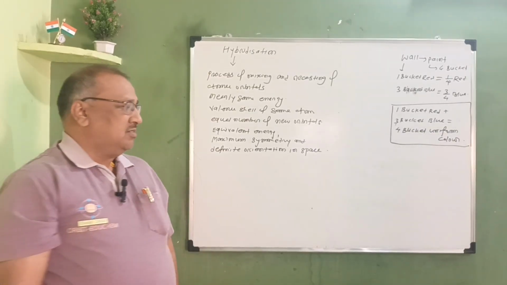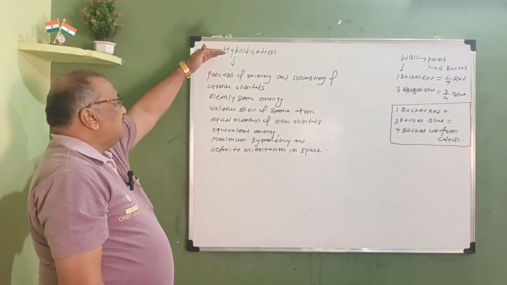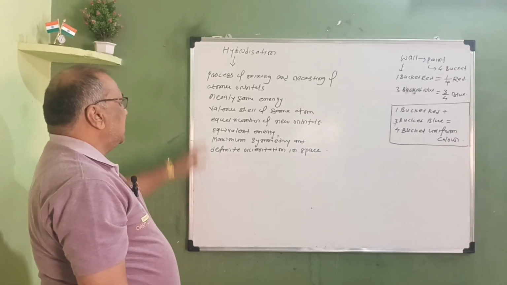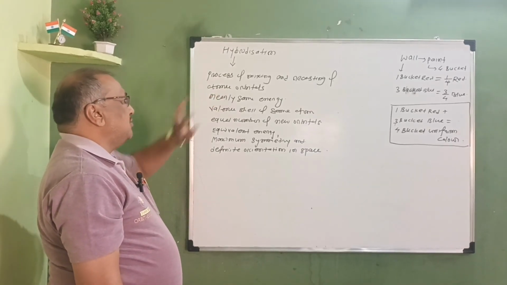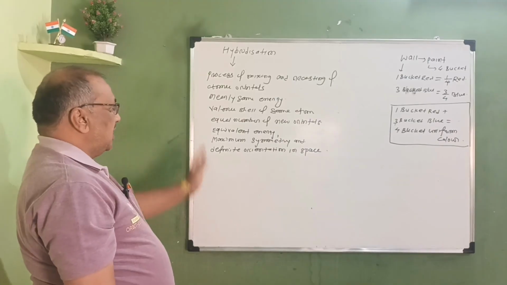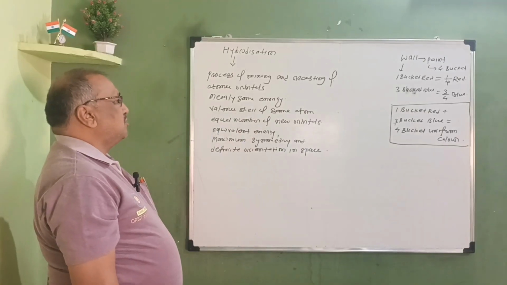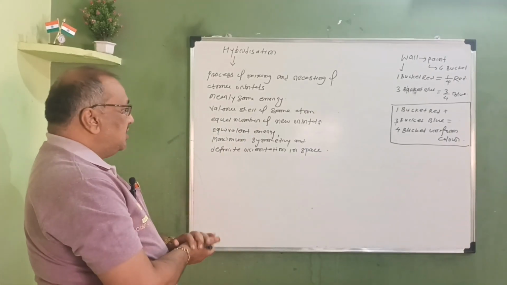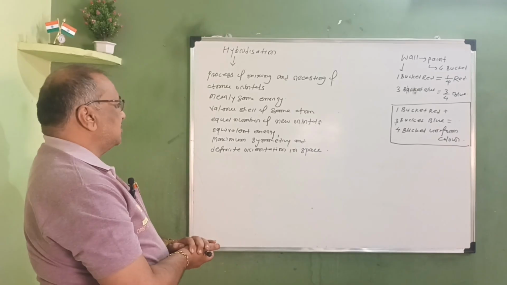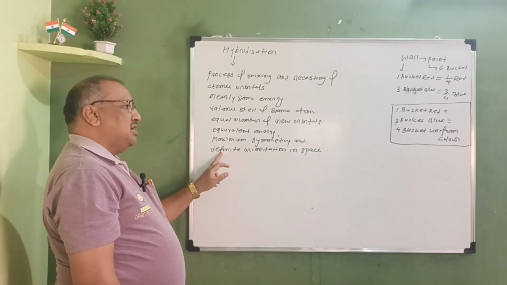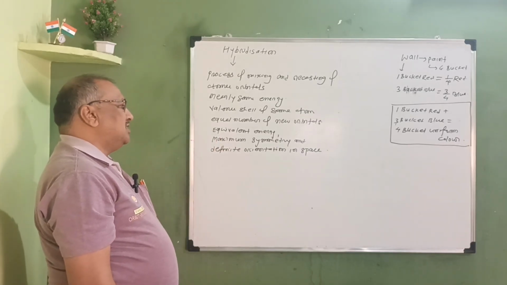Now listen here. Hybridization is the process of mixing and recasting of atomic orbitals having nearly same energy, belonging to the valence shell of same atom to form equal number of new orbitals with equivalent energy, maximum symmetry and definite orientation in space.